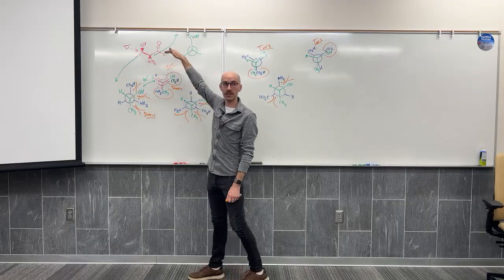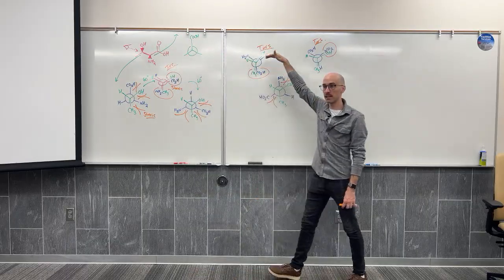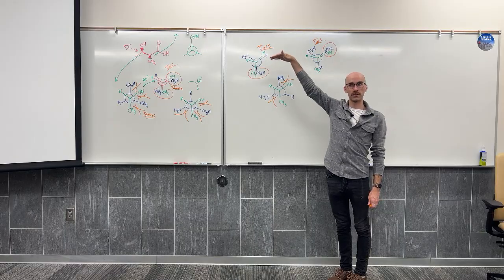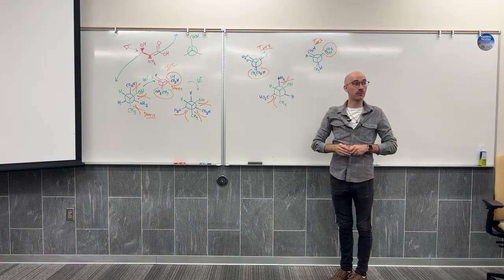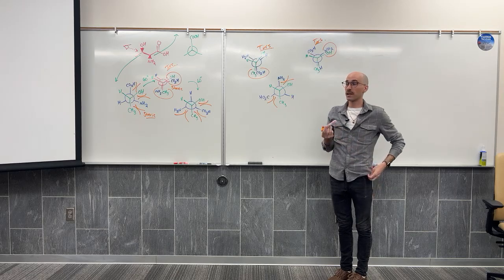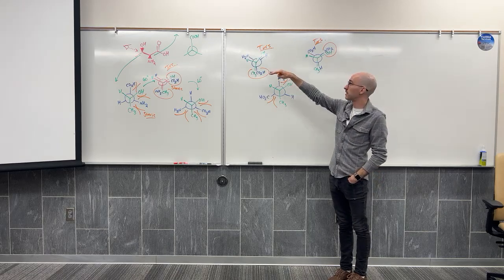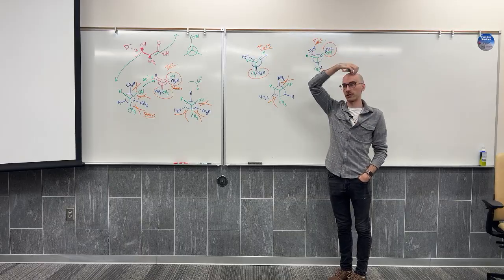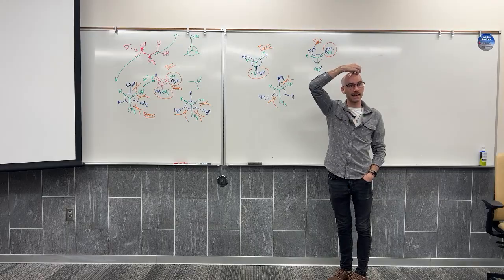So I want you guys to recognize that the top 3 eclipsed conformations are the highest 3. What I want to do right now is rank them by their energy. Let's rank the top 3, since those all have torsional strain. These are the 3 highest energy conformations.